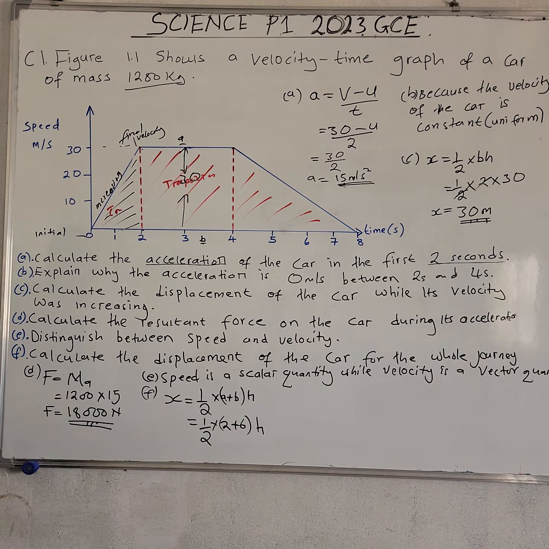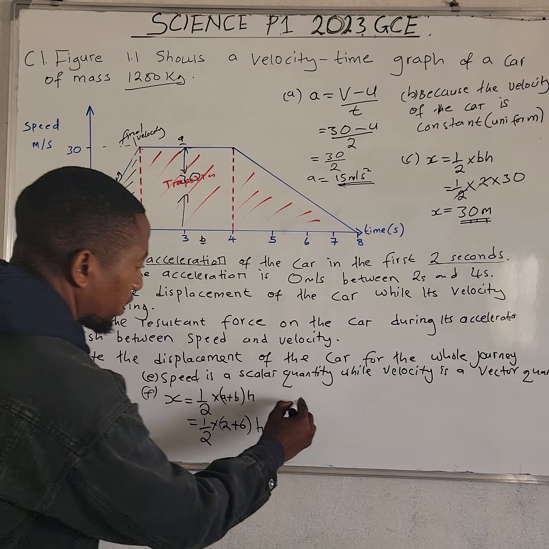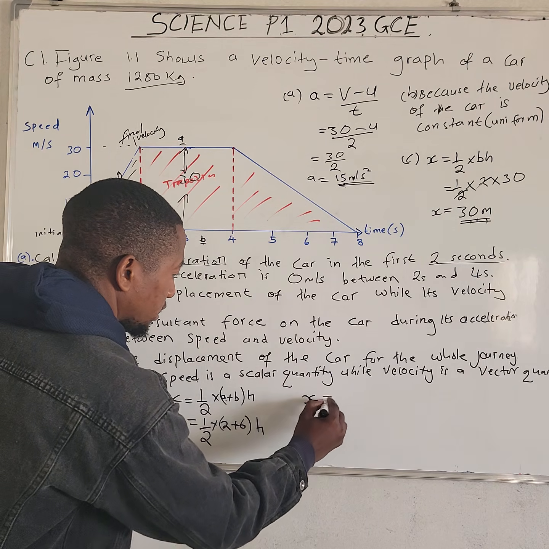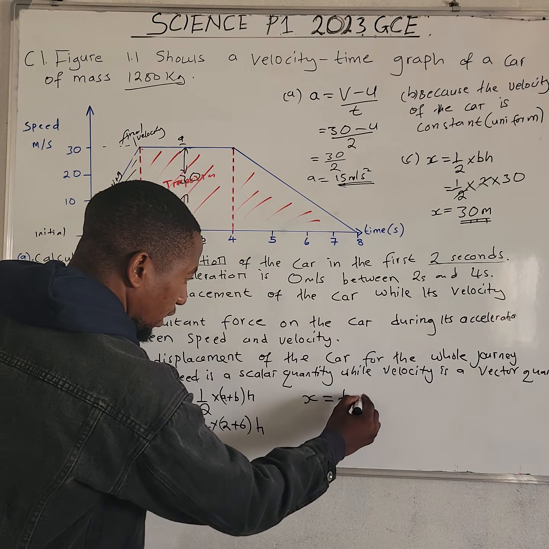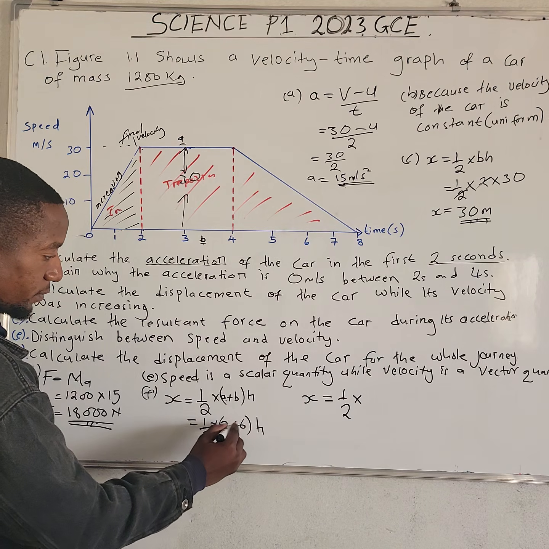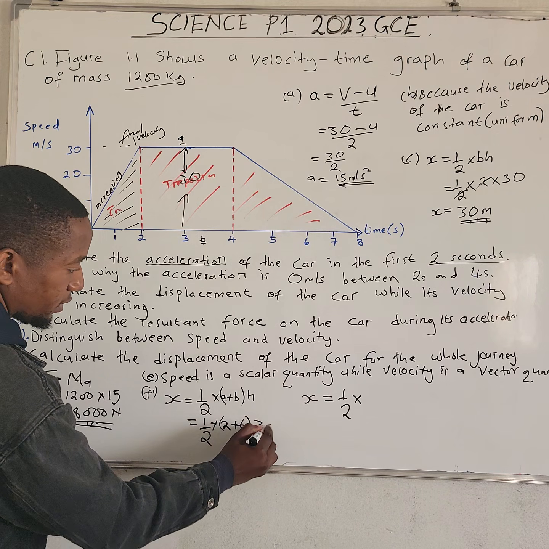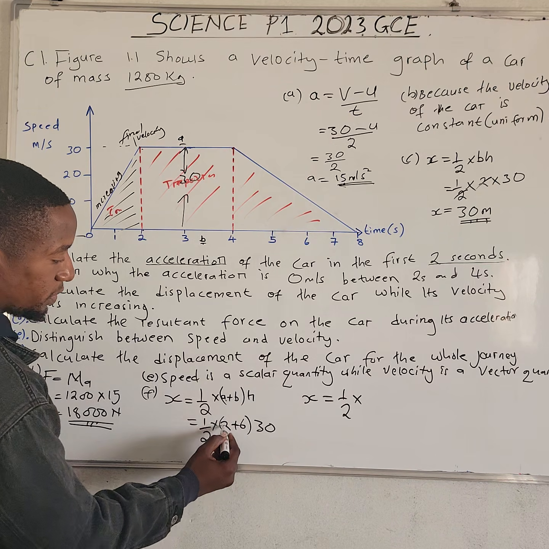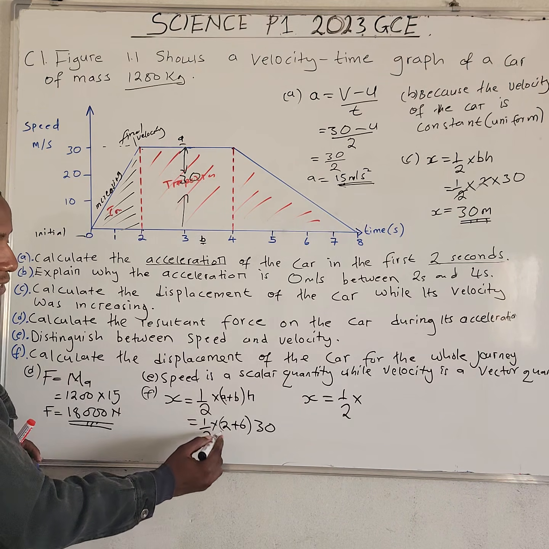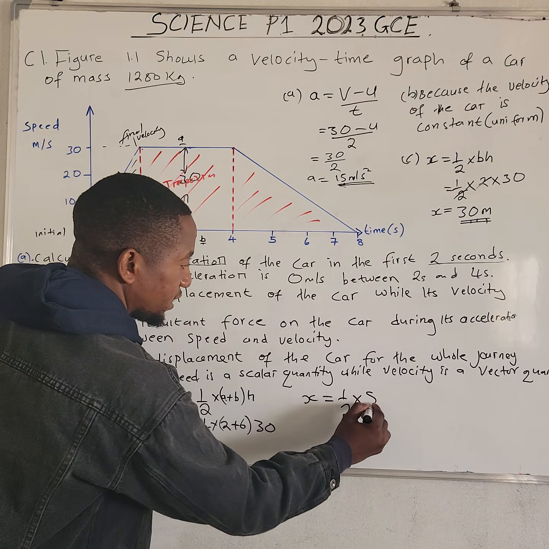So x is equal to half multiplied by the height, 30, times (6 plus 2), which gives us 8.